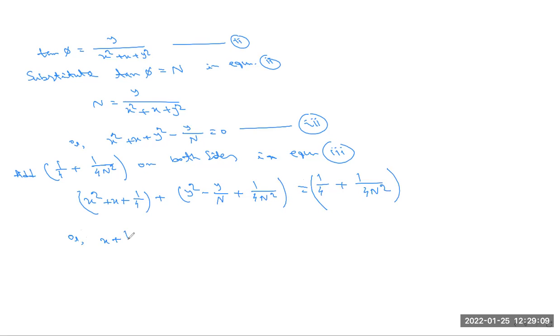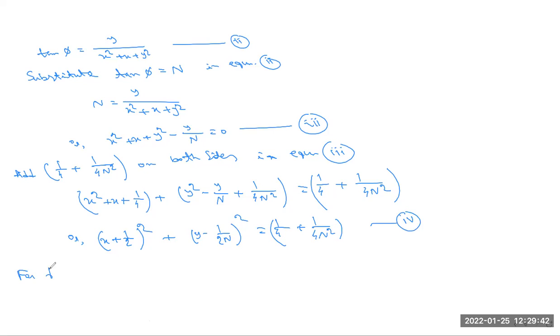This is a plus b whole square, that is a square plus 2ab plus b square. You have to calculate it. This is basically a plus b whole square, and the other one is also the same. This is 1 by 4 plus 1 by 4n square. Okay, so this is equation 4.